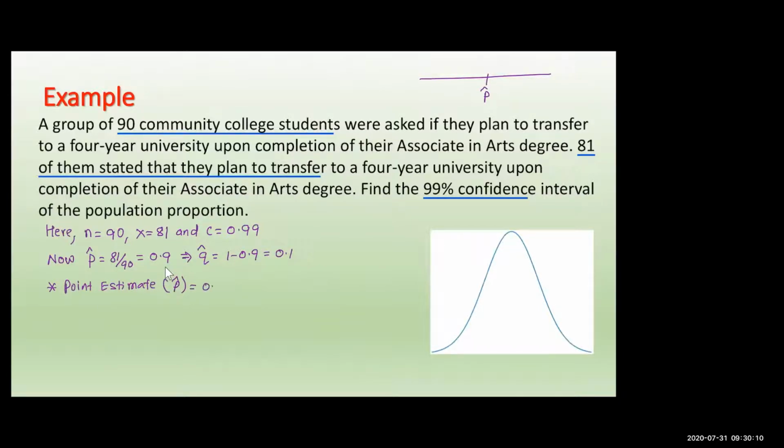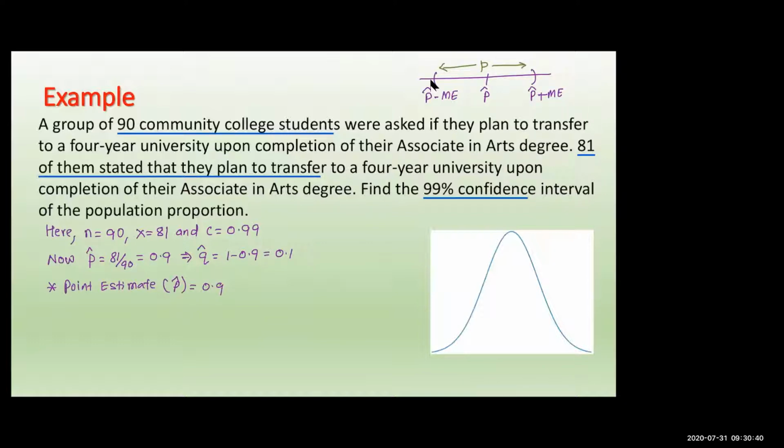Now, once we have the P hat, we need to add and subtract the margin of error. To get the right end of the interval, we add the margin of error. To get the left end of the interval, we subtract the margin of error, P hat minus margin of error. Because by doing this, we know that our true population proportion lies in that interval.